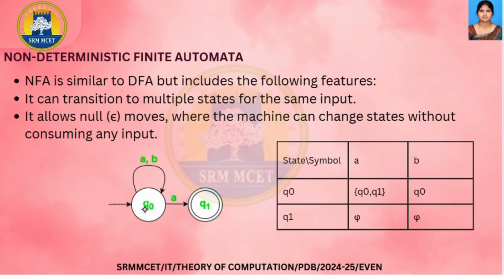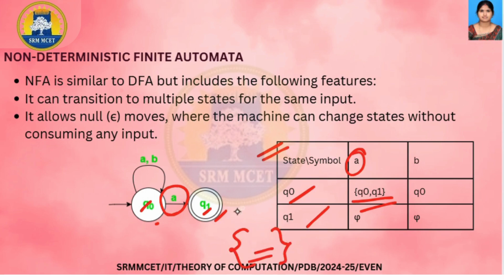Here, see the example; for the same example, the input string should be entered with A. Here also is the same scenario, but we have drawn the NFA diagram. So here I have given the transition table with two states, Q0 and Q1. Q0 using the input A transits to Q0 as well as Q1, so we have written it in set brackets. The set brackets are used only for the NFA transition table.